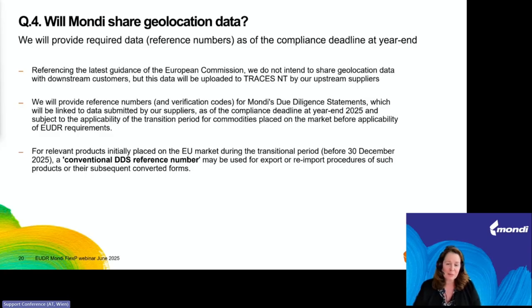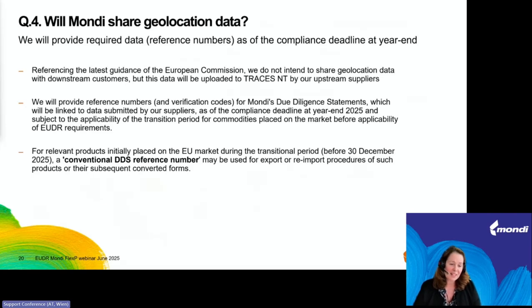The transition period for commodities on the market, because the requirements differ depending on whether those commodities, those products, or the raw materials to make those products were first put on the market before EUDR goes into effect or becomes applicable at the end of this year, or before. Yeah.